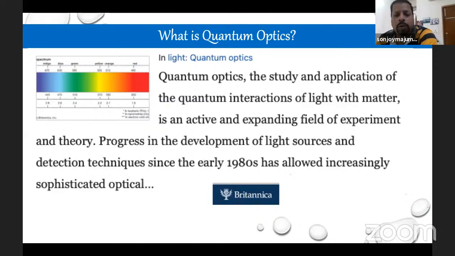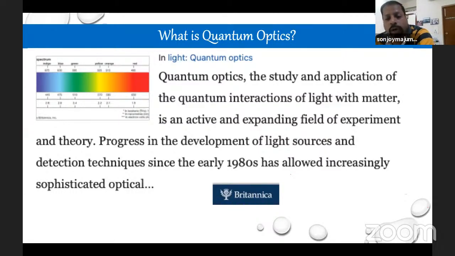With this modern or present day, all technologies are dependent on these. This field has both scope in experiment and theory. There has been enough progress in developing this subject in terms of detecting and generating the sources, the light source which will be quantized.